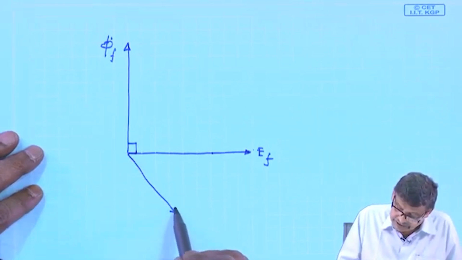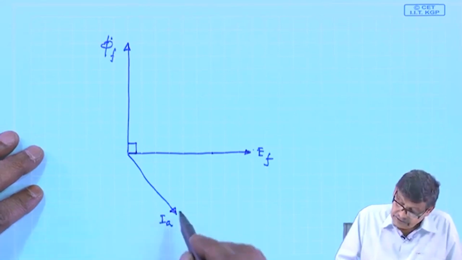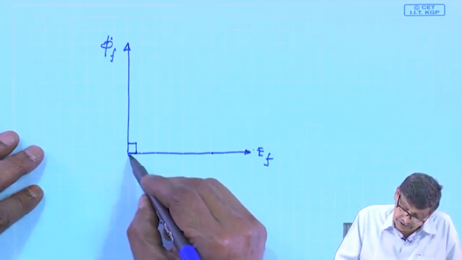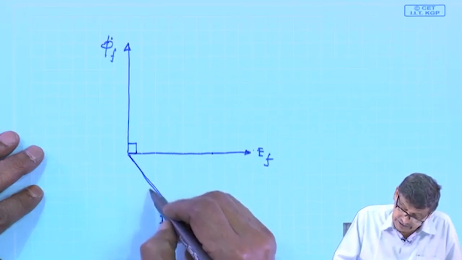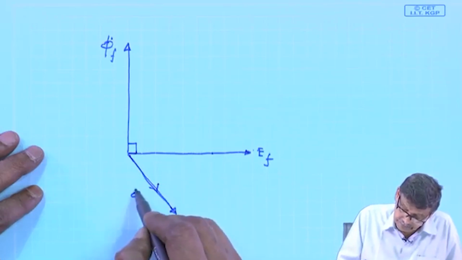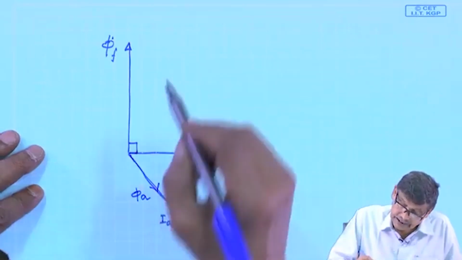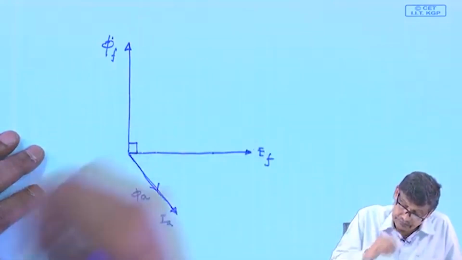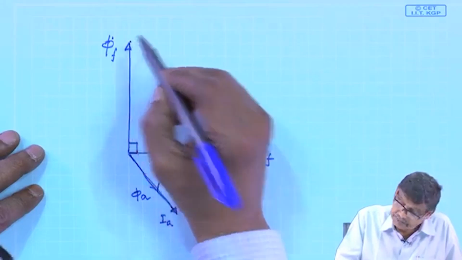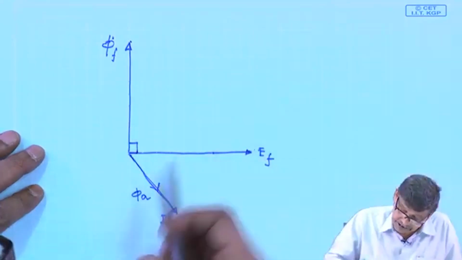Suppose this is your IA, so that your phi A will also be along this line, and then your resultant field is this.